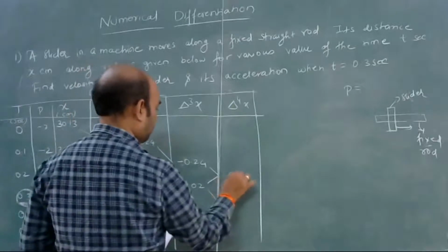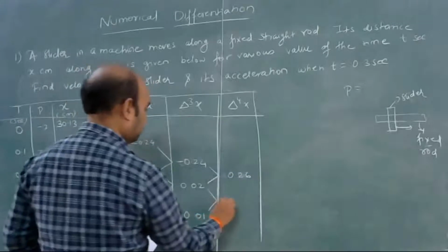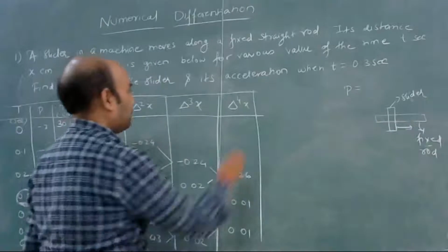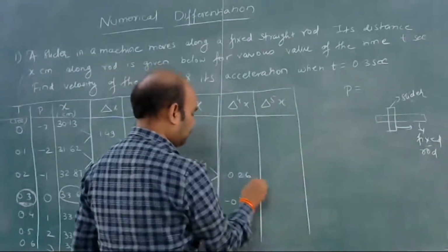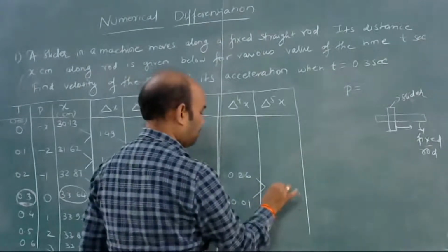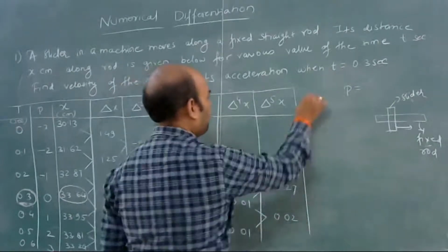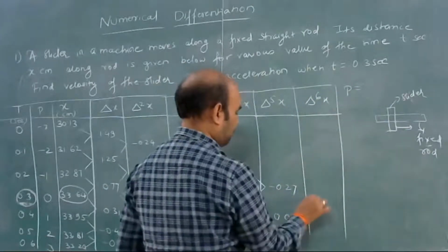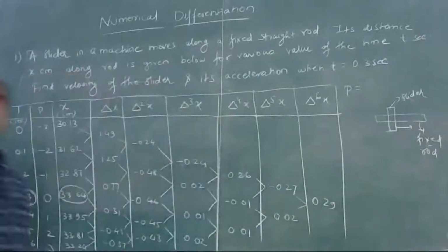This is 0.026, 0.26, 0.01, 0.01. Fifth difference. So this minus this, and this minus. So this will be 0.027, and this will be 0.0.